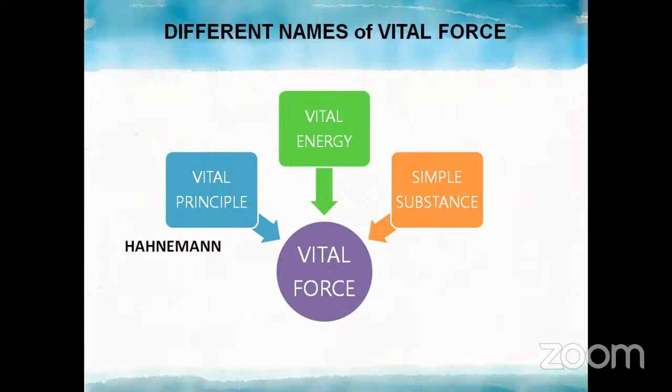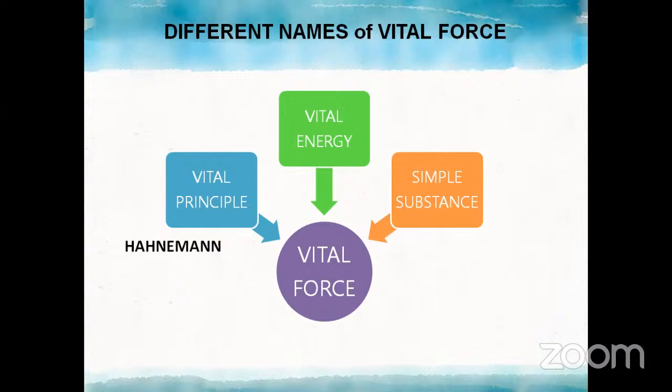So we have a vital force within us, and this vital force has been given different names by different authors. When Hahnemann was telling about vital force in aphorism 9, in the healthy condition of man, he had an idea of what he meant by a vital force.